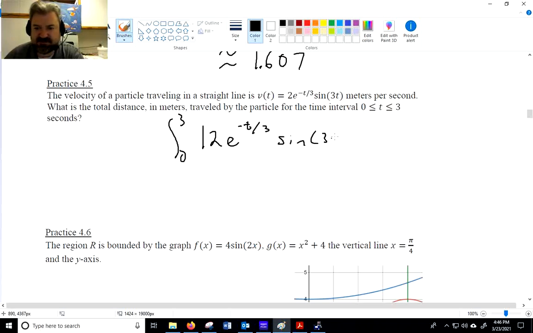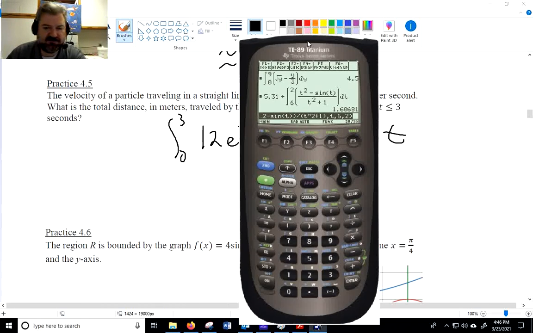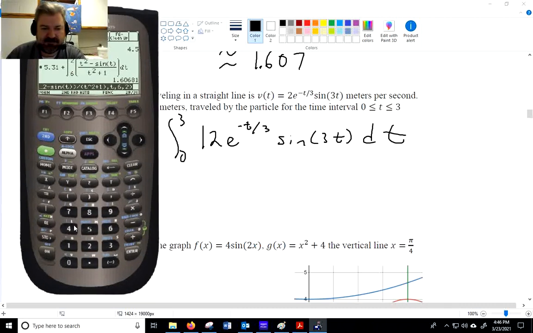And this could likely take the calculator a good long time. So I will get it started. The integral, we're going to do a numeric integral, or it's just really not going to work. F3 numeric integral. And then we need to use the absolute value, which is under math.